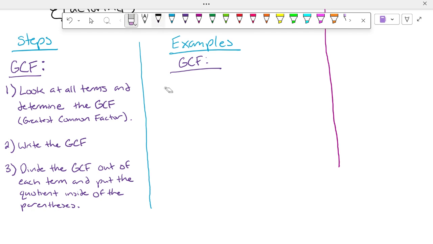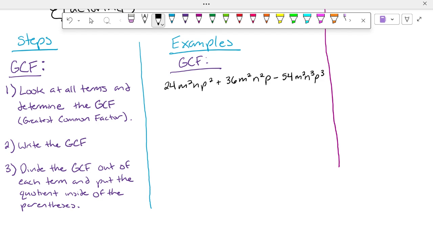Let's do 24m squared n p squared plus 36m squared n squared p minus 54m squared n cubed p cubed.